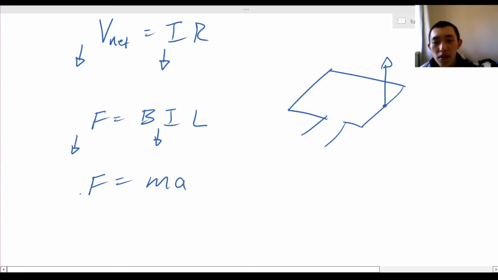So if we decrease our net force, we'll be decreasing the acceleration. Now, if you're a bit more advanced, you might know that technically this must be torque and angular acceleration, but it's really the same thing. The more force we have, the more acceleration our coil experiences, and it will rotate faster.